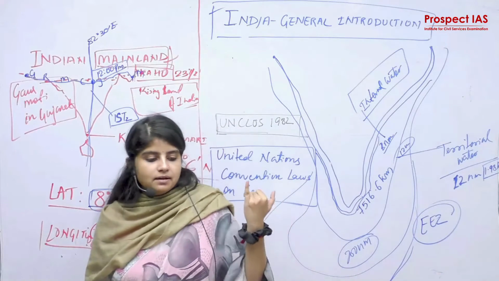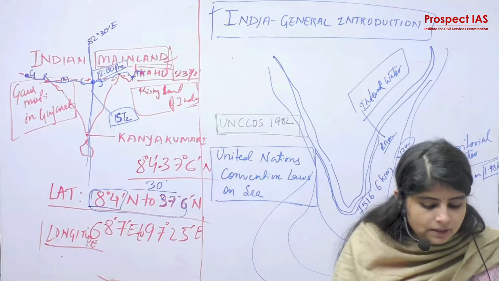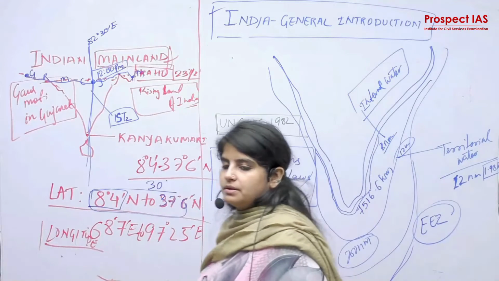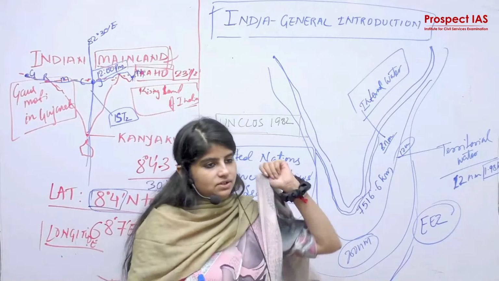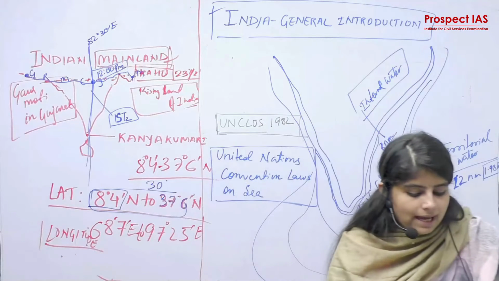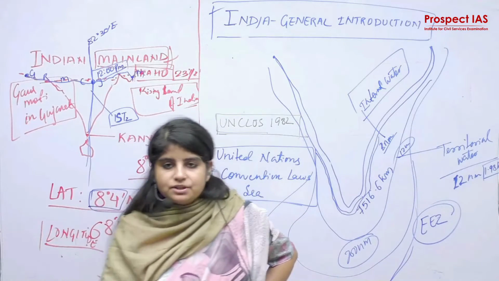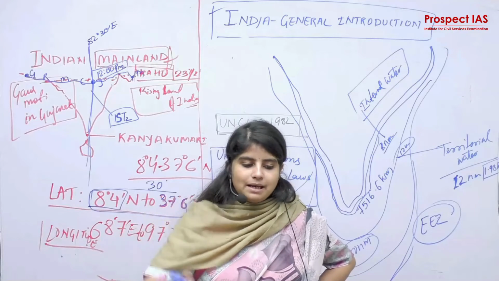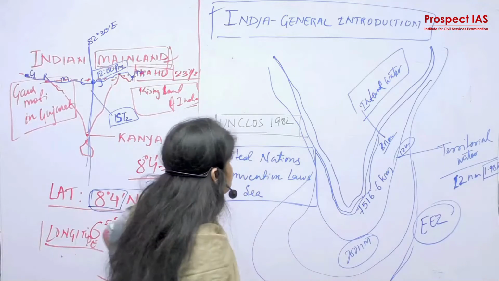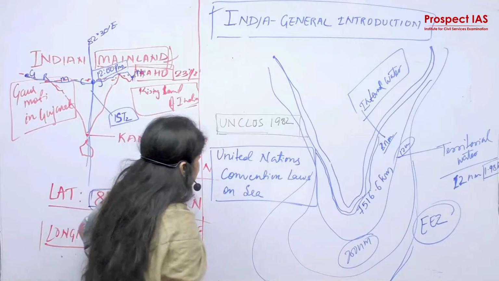There are very rare earth minerals found only in the deep ocean, so you can get those. You also have the right of foreign vessels and freedom of navigation within the 200 nautical mile boundary, and you can put submarine pipelines within the 200 nautical miles of your exclusive economic zone. This is how India's oceanic boundary is stretched, divided and taken care of.